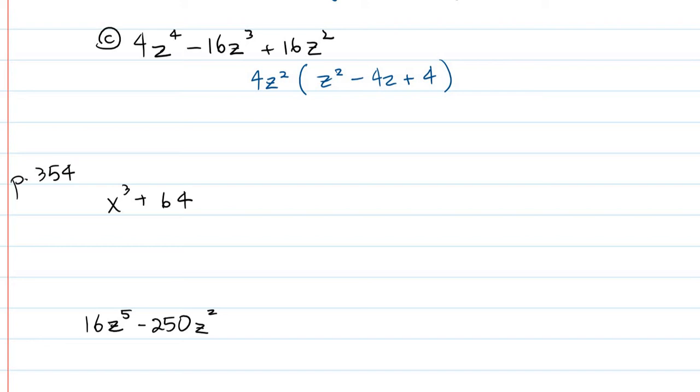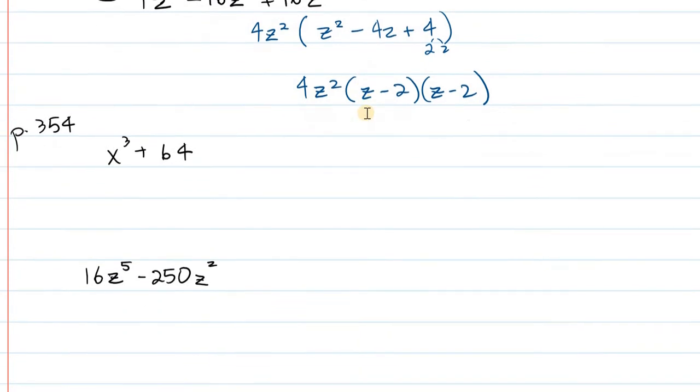Because I've been doing this a long time, I immediately recognize this trinomial is a PST. It's a pretty common one. But if you don't, you would factor 4, and the factors of 4 are 2 and 2. So this becomes 4z squared, z minus 2, z minus 2.